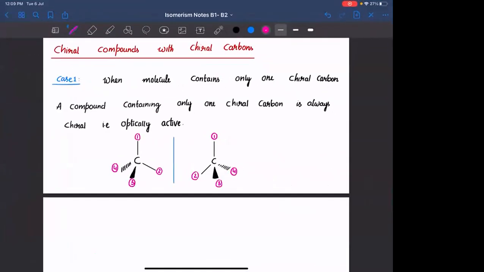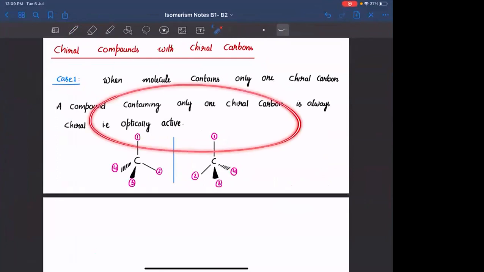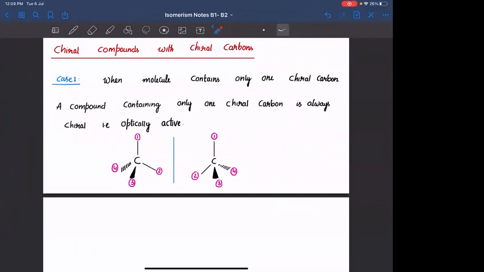Okay. So overall conclusions. If you are having only one chiral carbon, in that case, I can definitely call the molecule to be chiral. No need to worry. Matlab, it will be having a mirror image which is non-superimposable on itself.